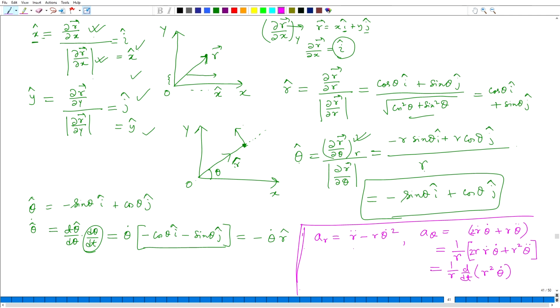So, I can now just equate this thing to our knowledge of central force.